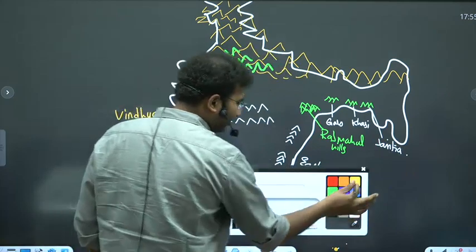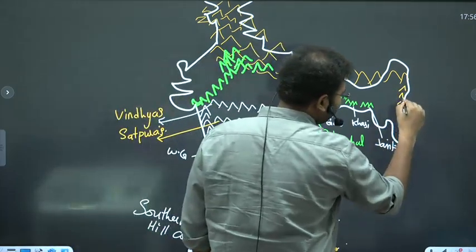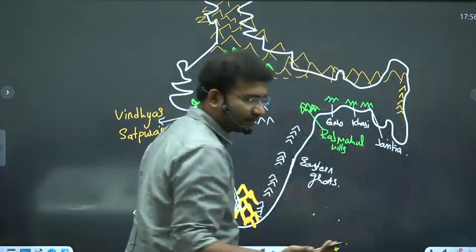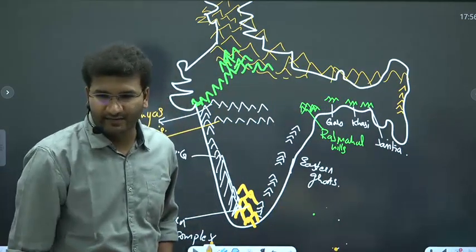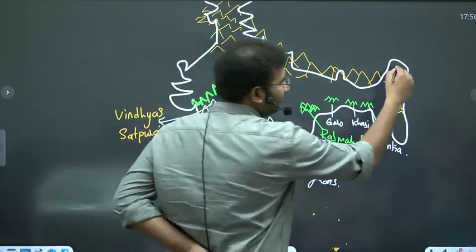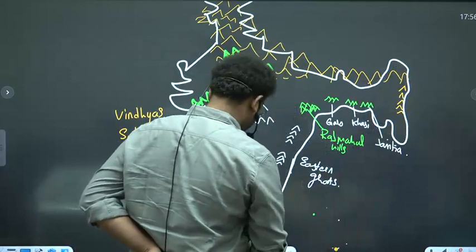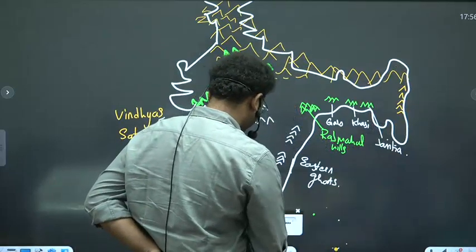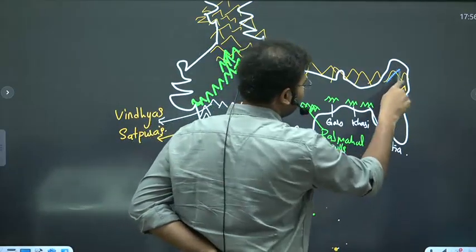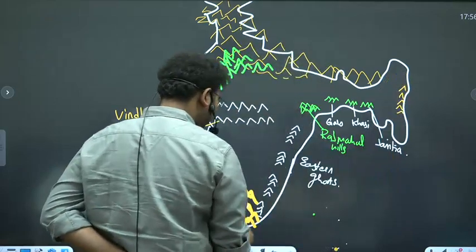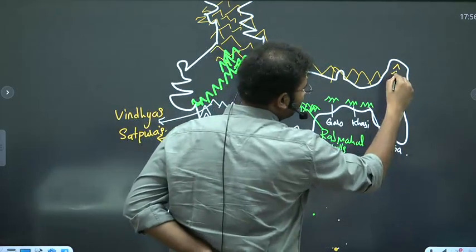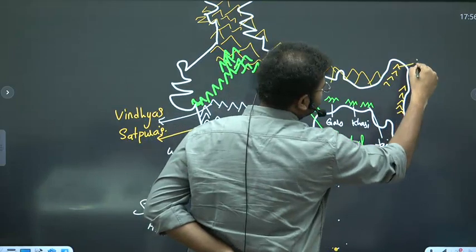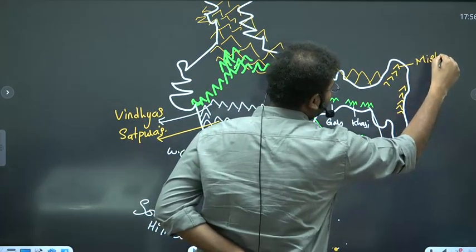Next, you go to the northeast. The mountain ranges that are found are named with respect to the names of the states. In Arunachal Pradesh alone, you find 4 major mountain ranges by the name Mishmi, Abor, Miri, Dafla. 1, 2, 3, 4. This is Mishmi.